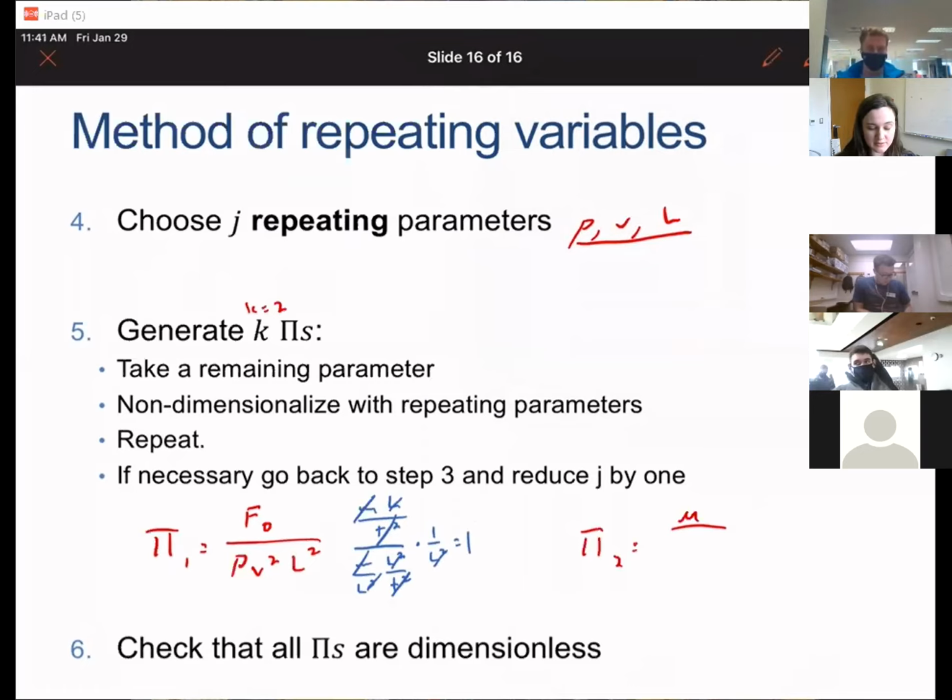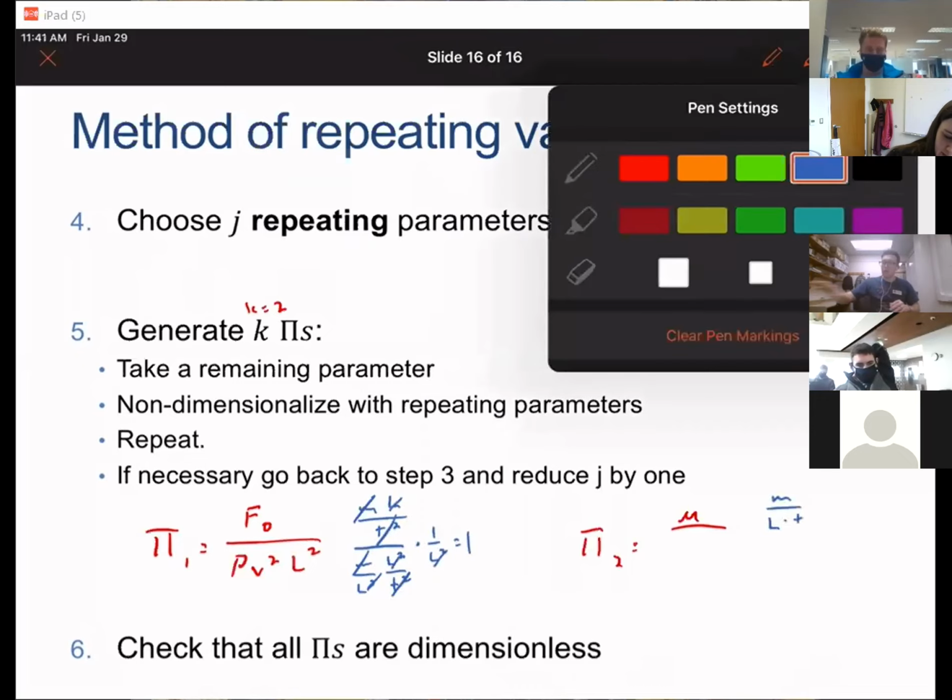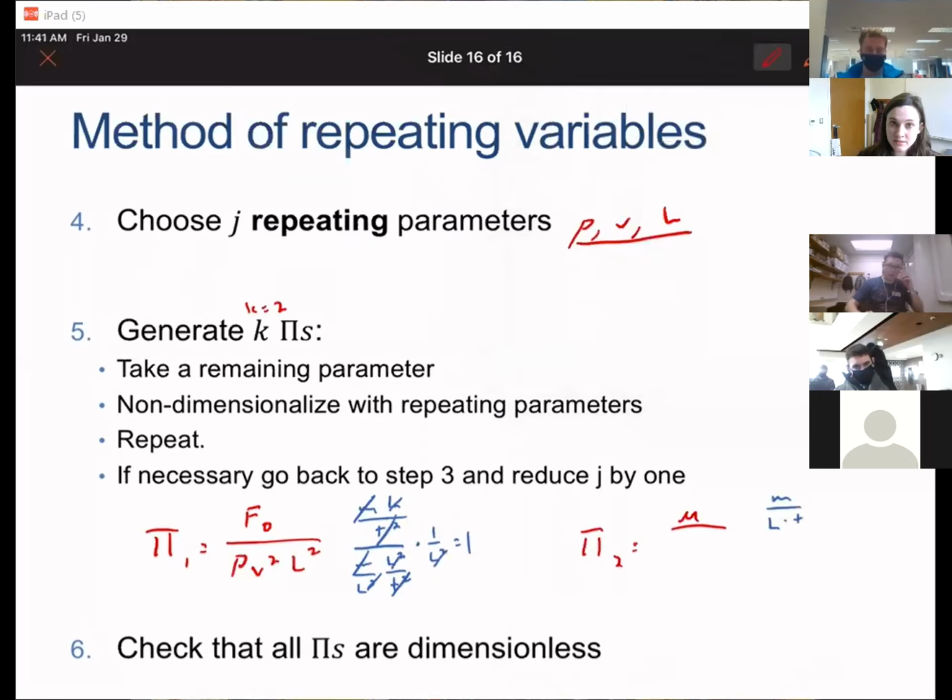And now I'm going to do the same thing with viscosity. So remember, viscosity was mass over length time. Let's do the same thing. First, let's get rid of mass. How do we get rid of the mass? Divide by density.